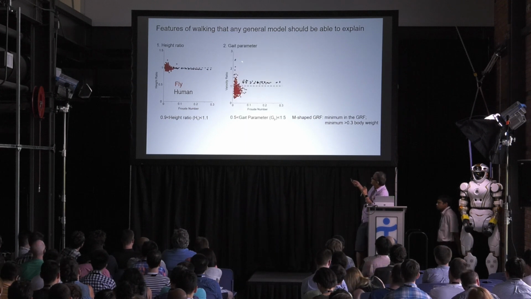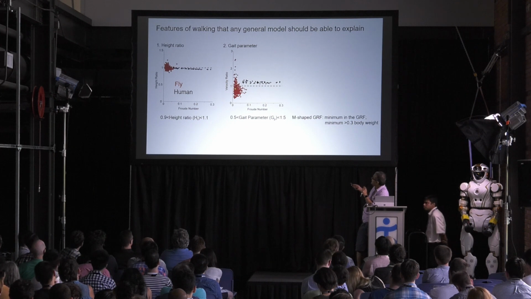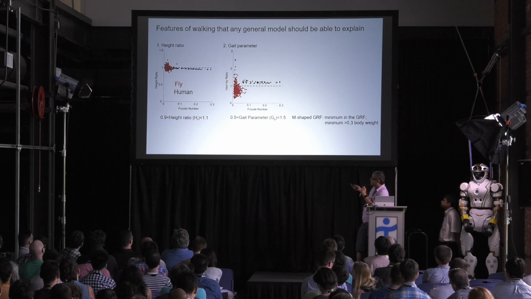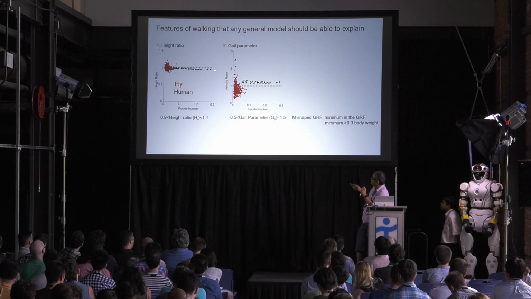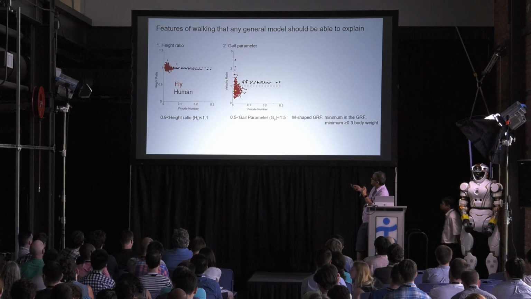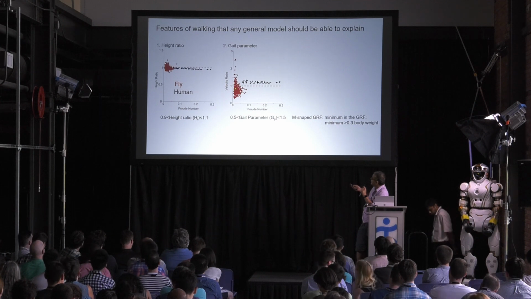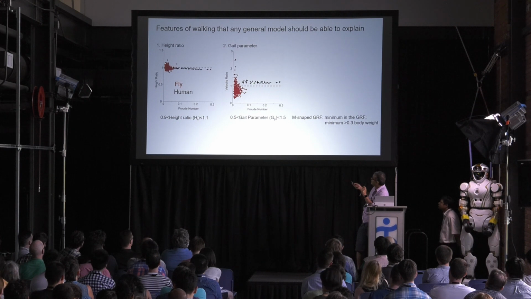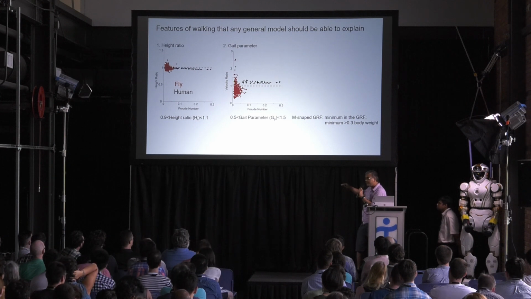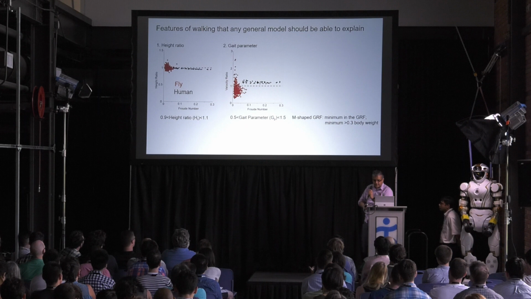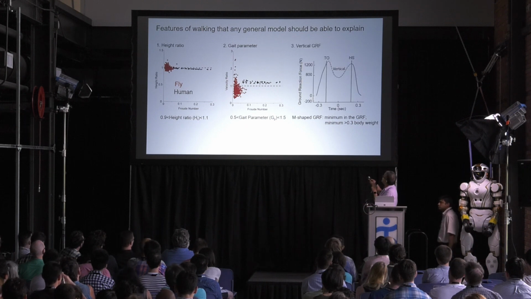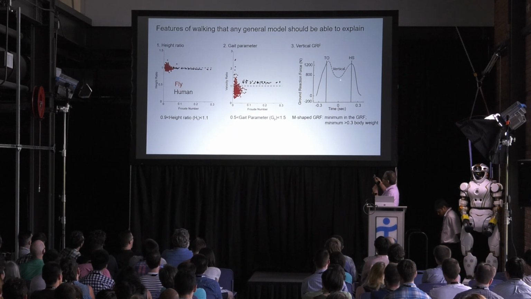Then the other parameter we have is what we call the gait parameter, and this is meant to describe the different patterns of velocity. So the flies, by and large, because they have mid-stance maxima, are below 1. Humans, mid-stance minima, so they are above 1. And all of them are still within a reasonable range of the average speed during that step. Finally, for mammalian walkers in particular, it's really important that they have this M-shaped vertical ground reaction force.